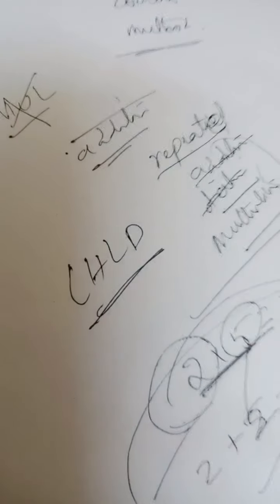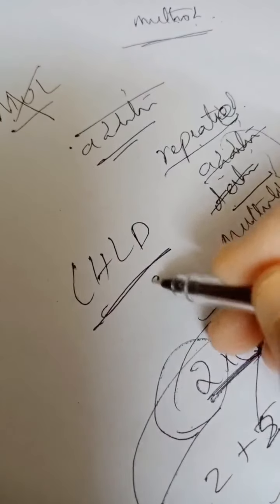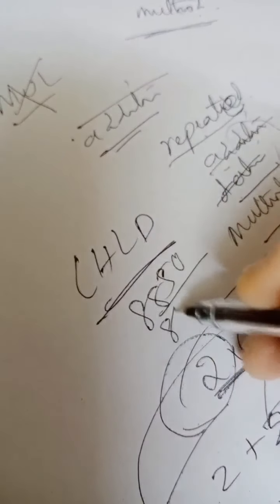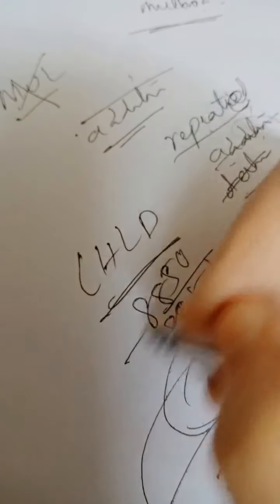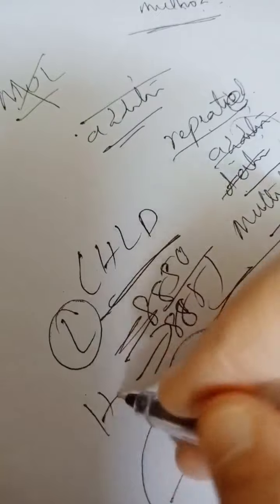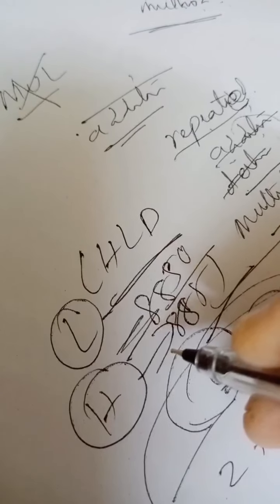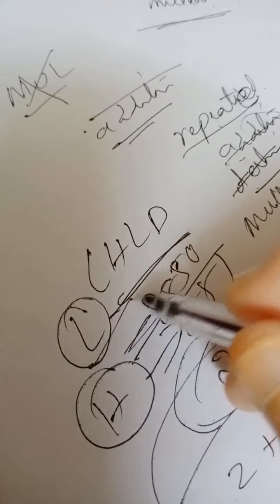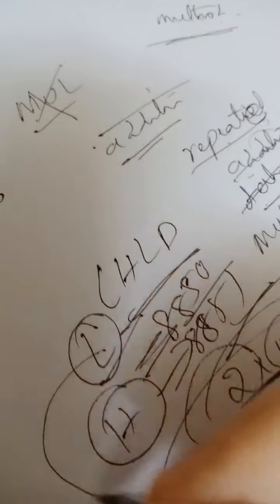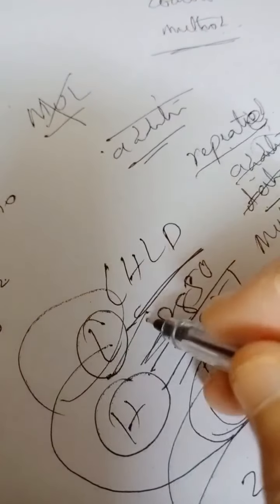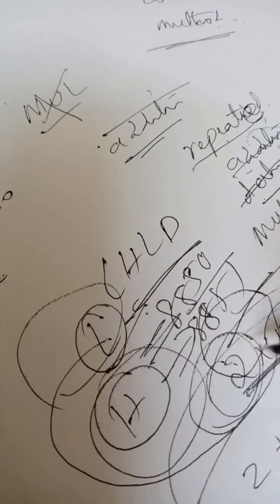By using the LHLD instruction. The LHLD instruction will take 2 memory locations, for example 8850 and 8851. On the LHLD instruction, L will be in one position and H in another. Mostly in L we will store the number, the least significant byte, and in H we will store the count.